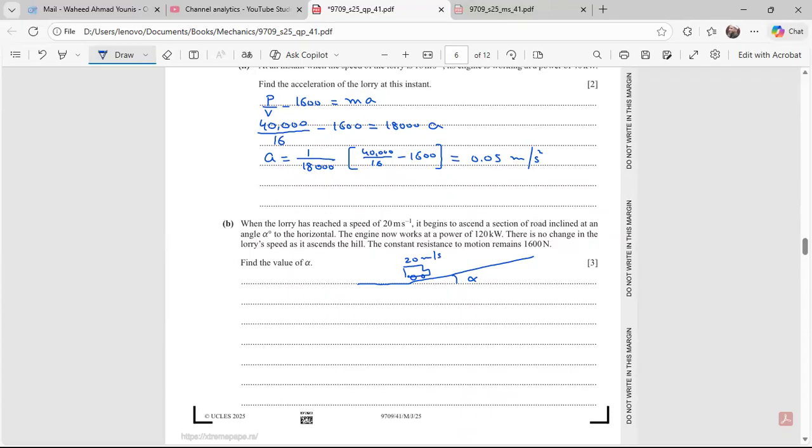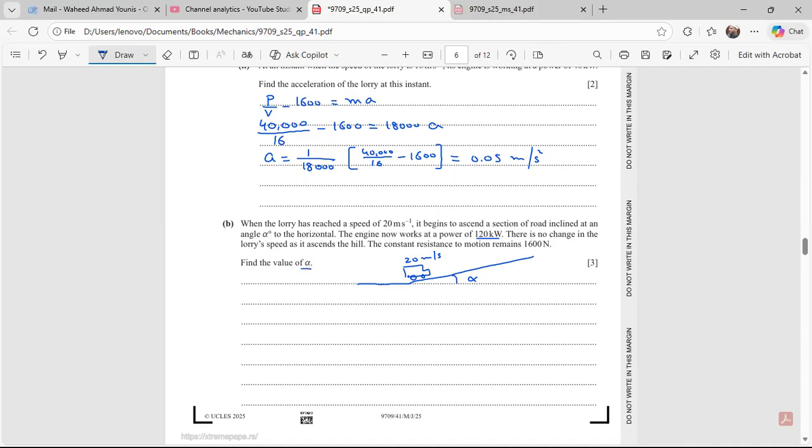The engine now works at a power of 120 kilowatt. There's no change in the lorry's speed as it ascends the hill, so there's no acceleration. The constant resistance to motion is again 1600. Find the value of alpha.